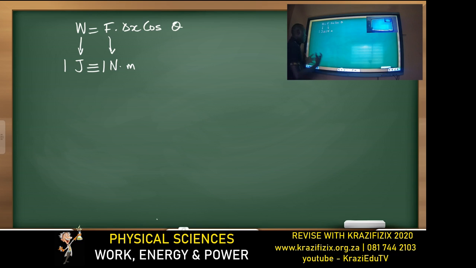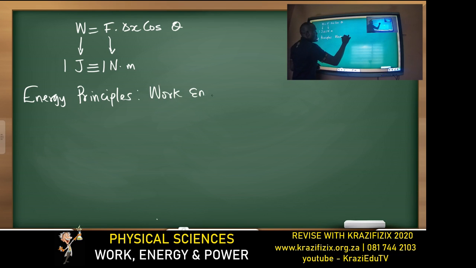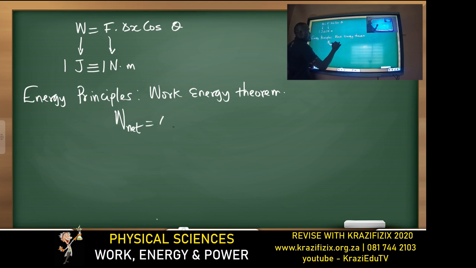Now quickly, because it's a crash course, it is important to know your energy principles. When we talk about energy principles, we talk about your work energy theorem. And this, guys, is on the formula page, written as W net equals delta EK.